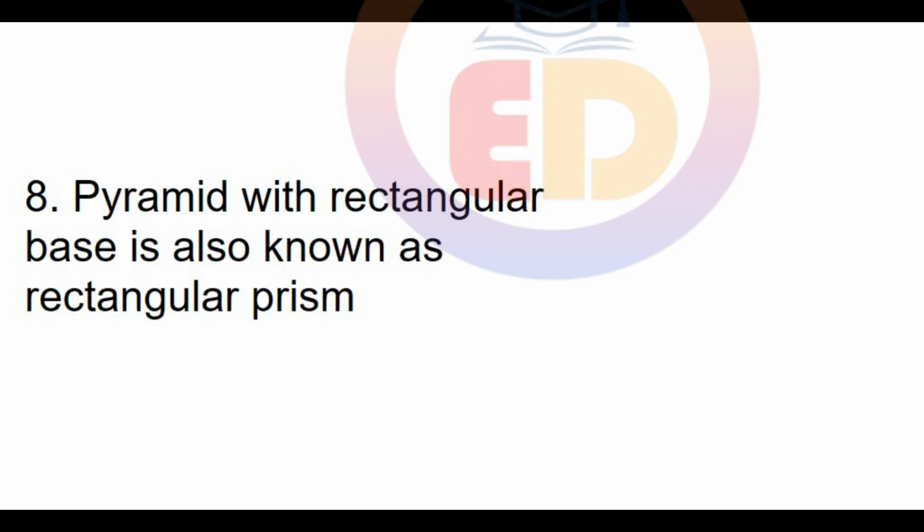Question number 8. A pyramid with rectangular base is also known as rectangular prism. So if I take a rectangle like this and we consider that it is a base, and on this if we create a pyramid, then such a pyramid with a rectangular base is called a rectangular prism. This is true.